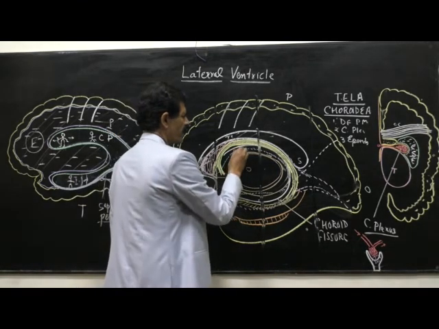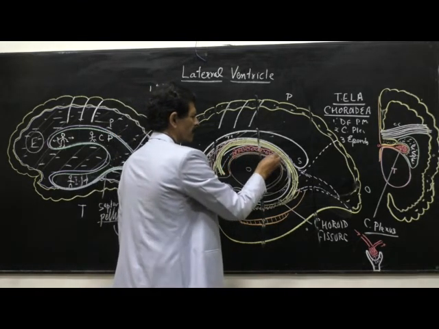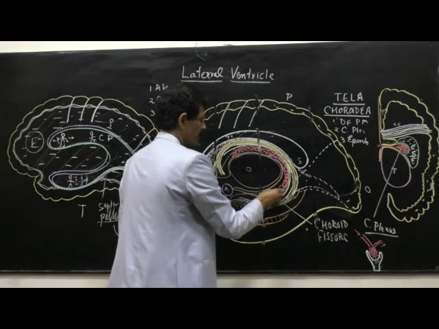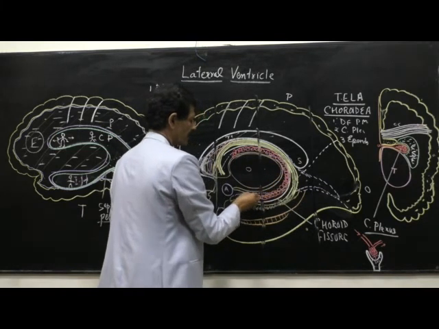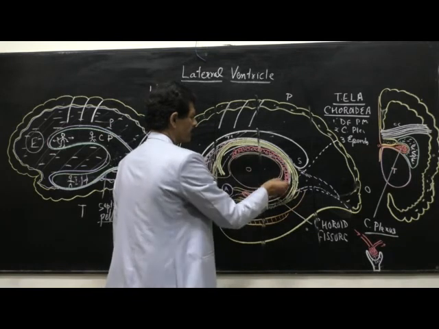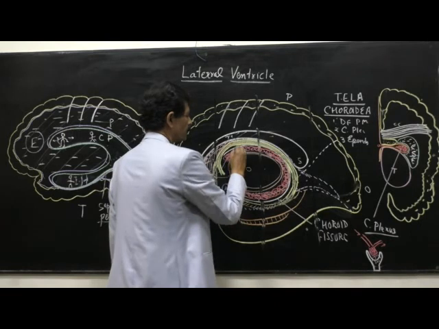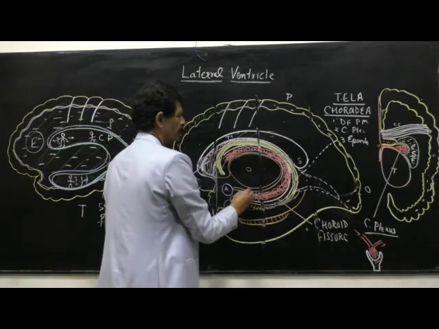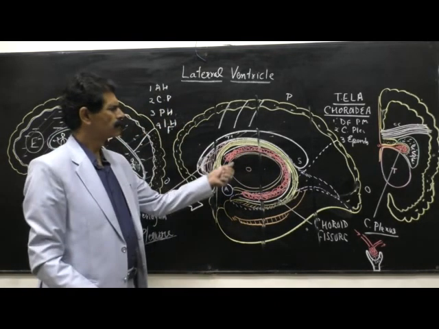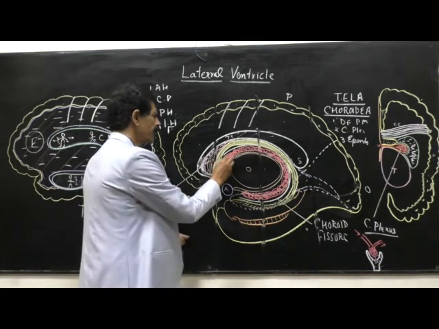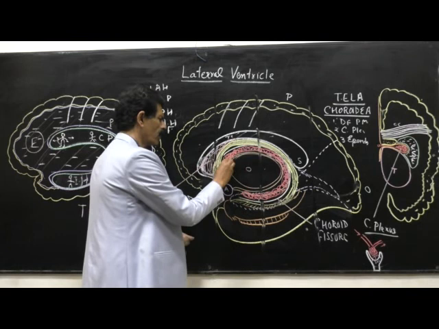So this is how we make the choroid plexus. It is C-shaped. And anteriorly it extends into the foramen of Monro.